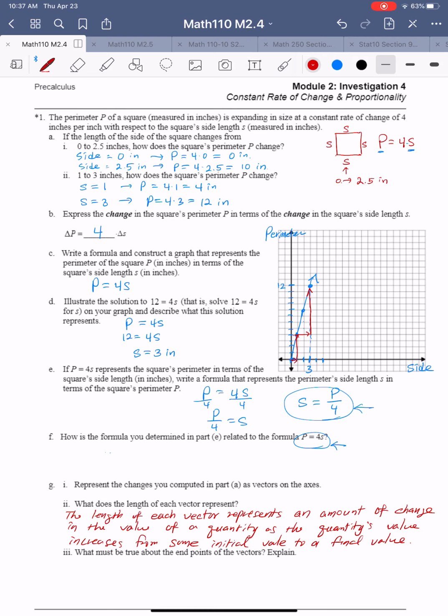And then number 3: what must be true about the endpoints of the vector?